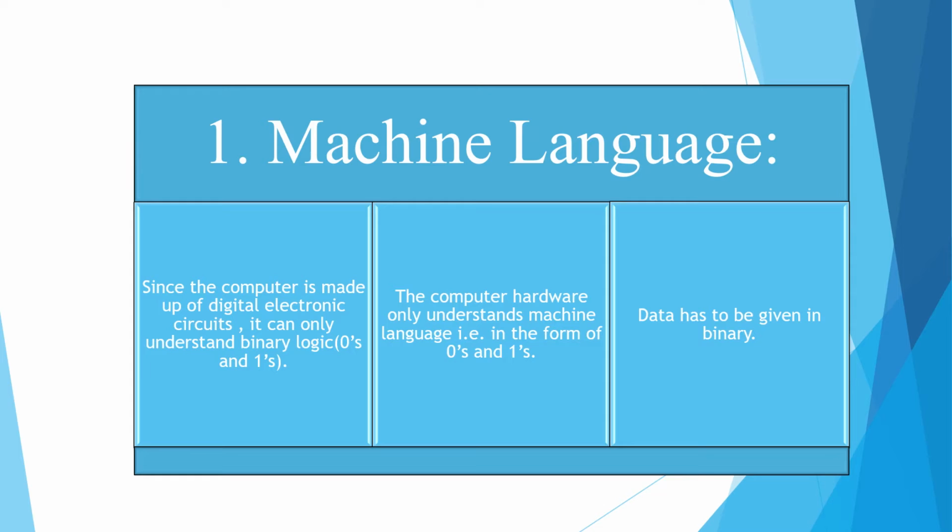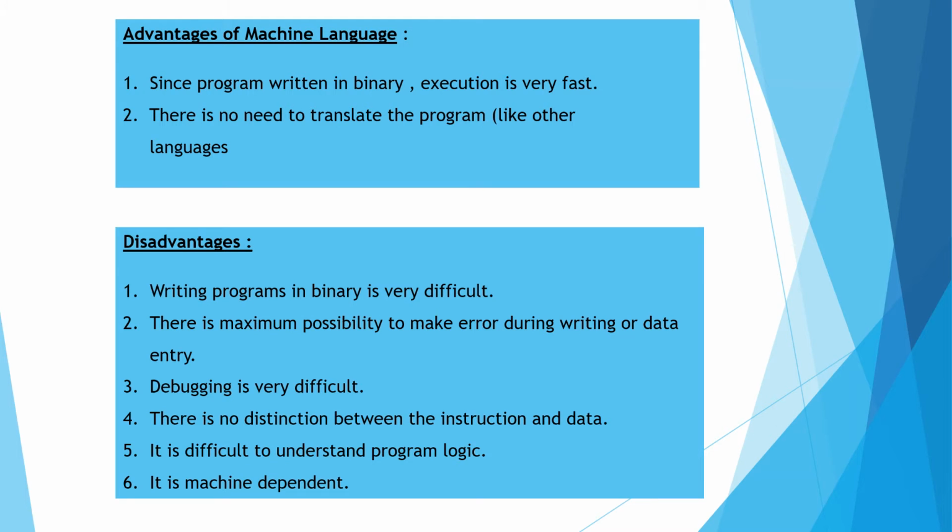And the data which we are going to provide to that program or computer is also given in binary form. So in machine language, the language is in the form of zeros and ones, that is, in binary format. Now, see the advantages of machine language.